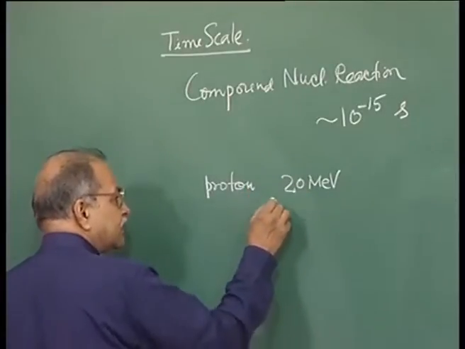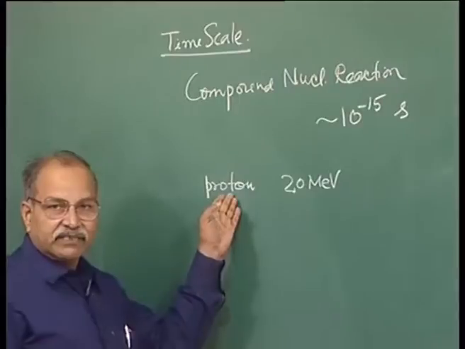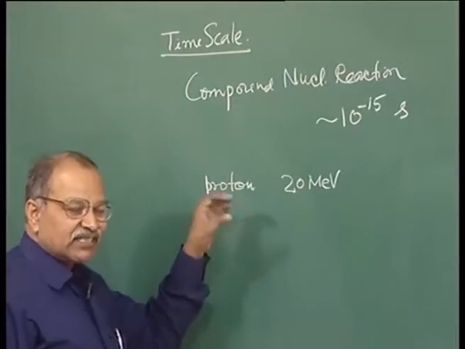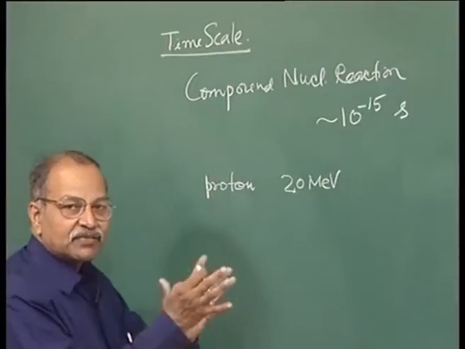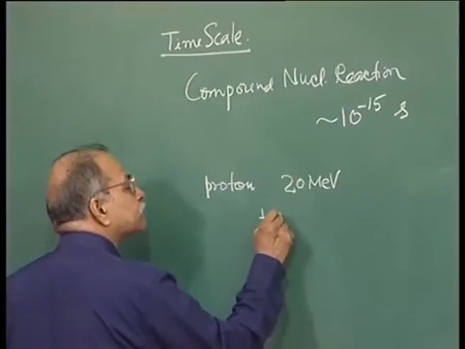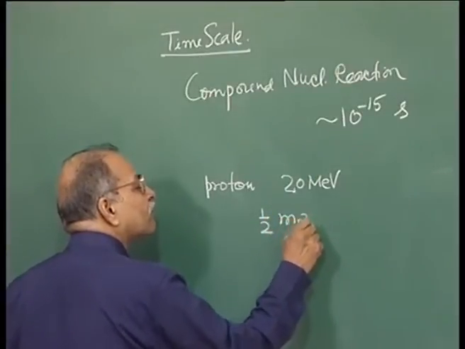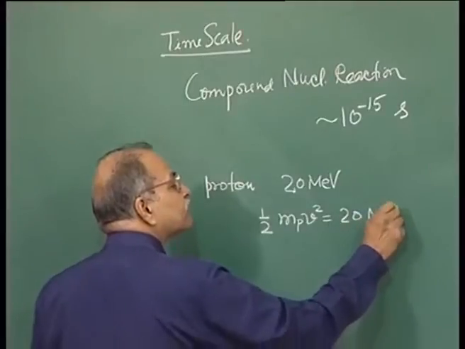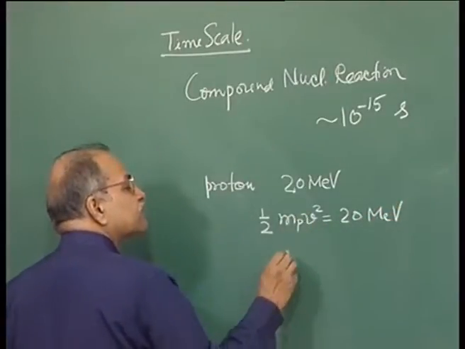The rest mass energy is 1000 MeV. Let me do this non-relativistic calculation; anyway we are doing order of magnitude calculations. So, half m v squared is 20 MeV. From here I am trying to estimate this velocity.